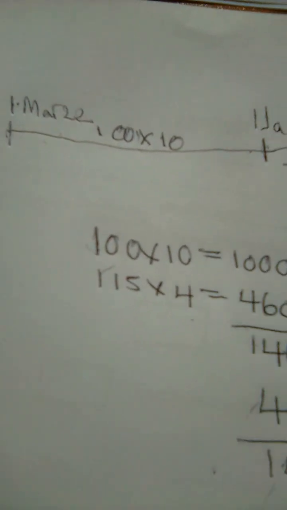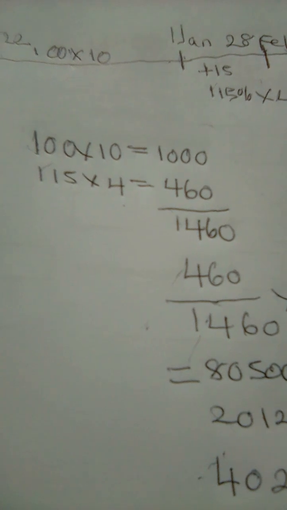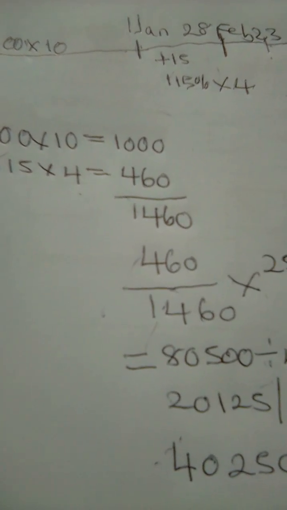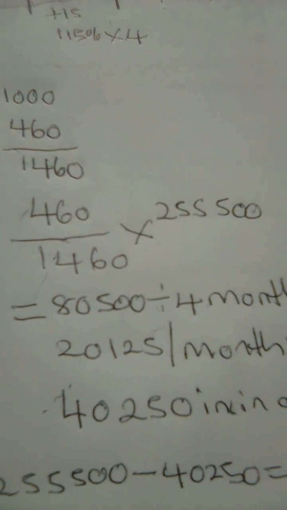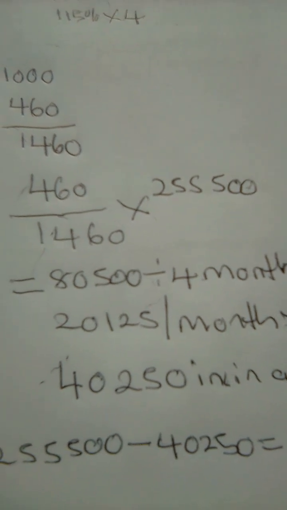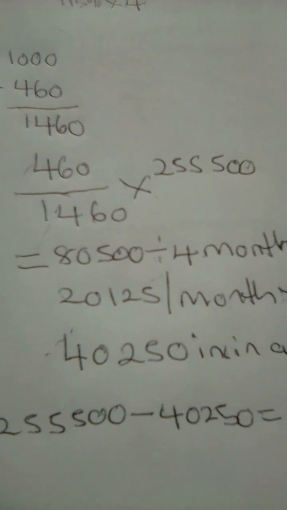We start with the timeline, which goes up to April, and then we say 100 times 10, 115 times 4, we get 1,460, and then we say 460 over 1,460 times 255,500, which is the rent income that was received. We get 80,500, which is the rent for 4 months with the increase of 15%.